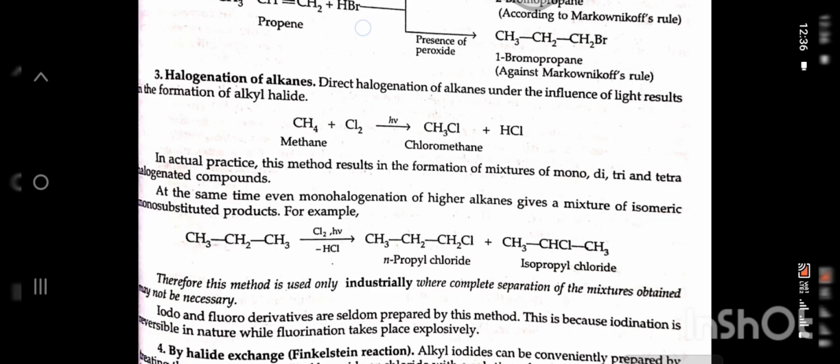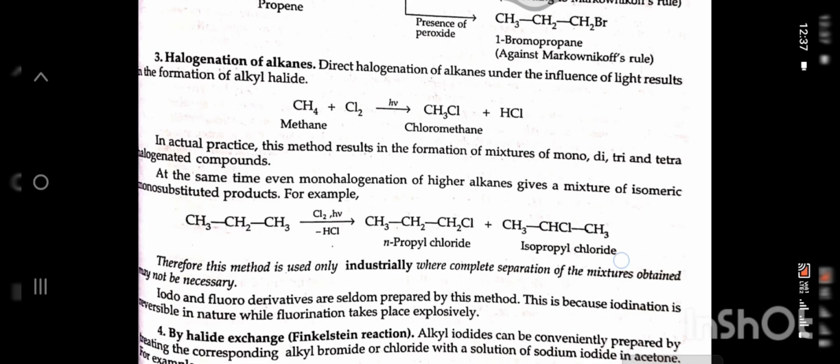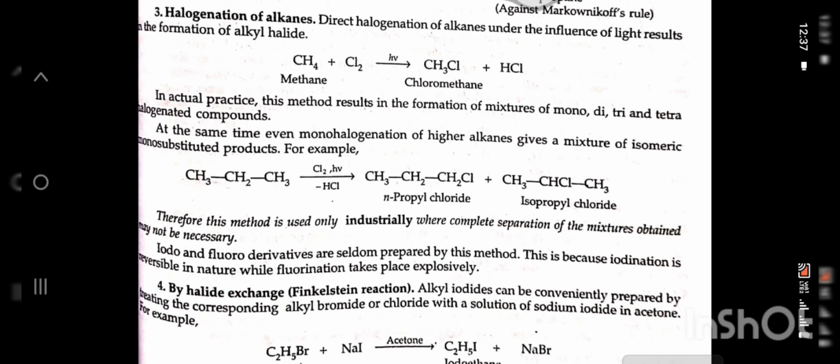At the same time, even monohalogenation of higher alkanes gives a mixture of isomeric monosubstituted products. For example, CH3CH2CH3 in the presence of chlorine and light gives n-propyl chloride plus isopropyl chloride. Therefore, this method is used only industrially, where complete separation of the mixtures obtained may not be necessary.